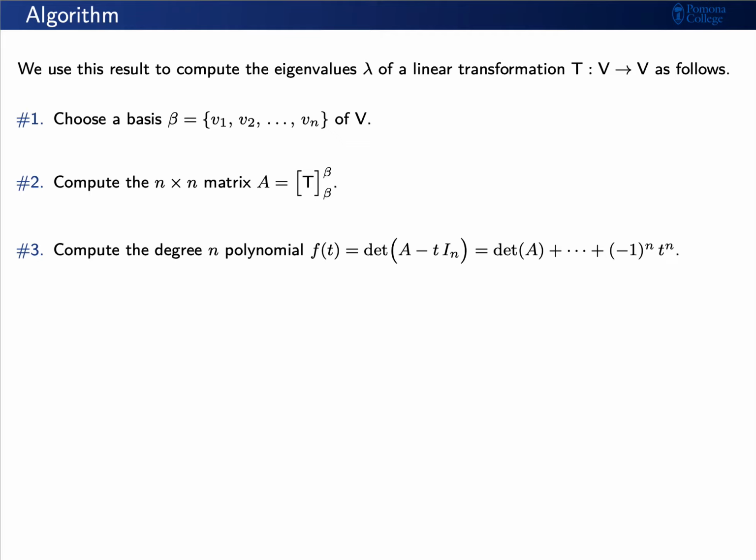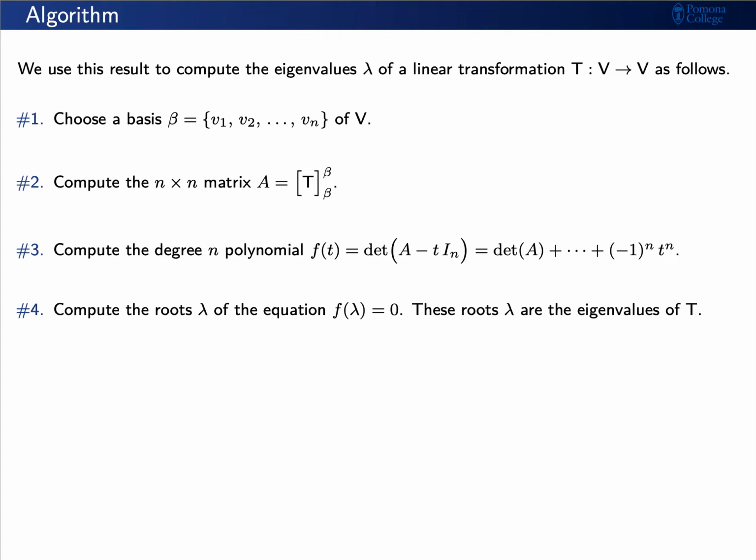Third, we'll compute the degree n polynomial f of t, which is the determinant of the matrix A minus t times I sub n. Next, we'll compute the roots lambda of the equation f of lambda equals 0. These roots are the desired eigenvalues of our linear transformation T.